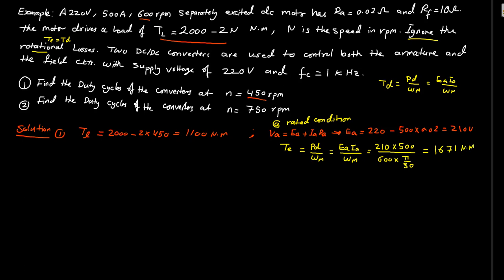Now if we compare the rated torque to the load torque at n equal to 450, we can see we don't need to go to field weakening in this case. This means that we are in the armature voltage control, in which the field voltage should be the rated voltage.